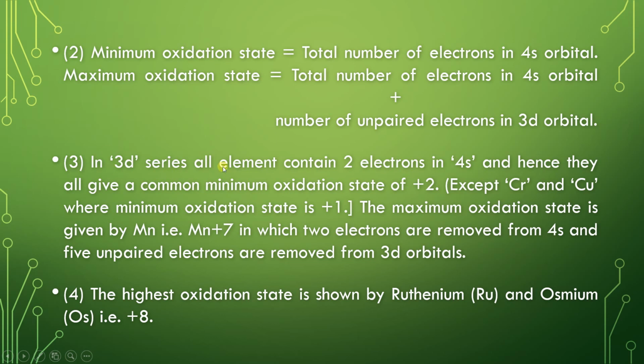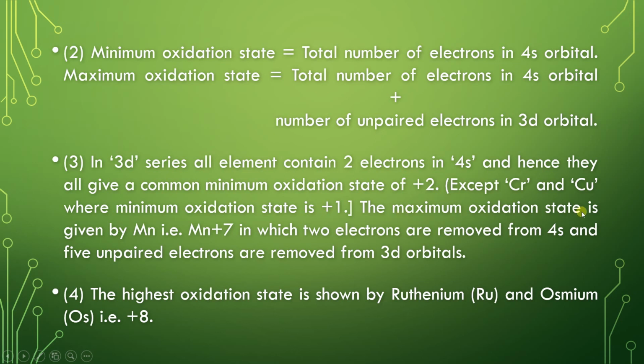In the 3d series, all elements contain 2 electrons in 4s and hence they all give a common minimum oxidation state of +2, except chromium and copper, where the minimum oxidation state is +1, because chromium exhibits 3d5 4s1 and copper exhibits 3d10 4s1. Therefore, the minimum oxidation state is +1.